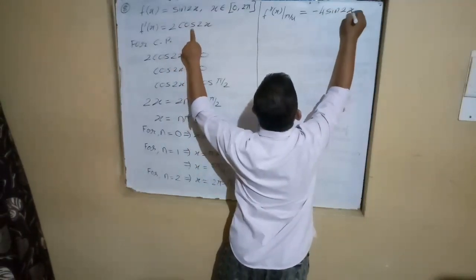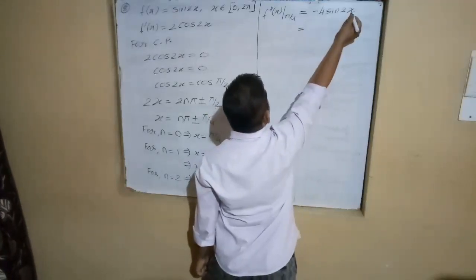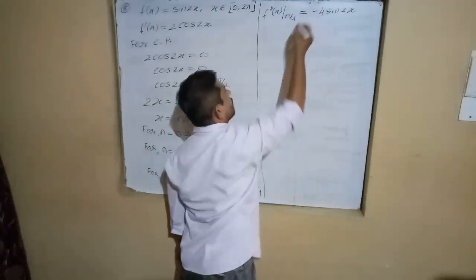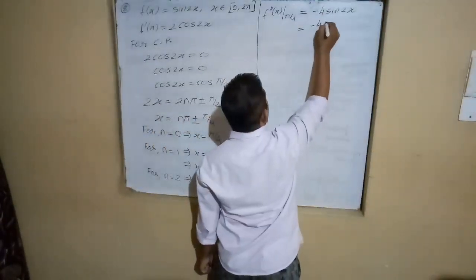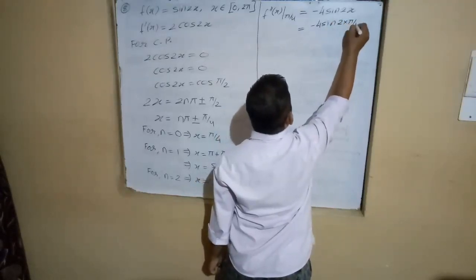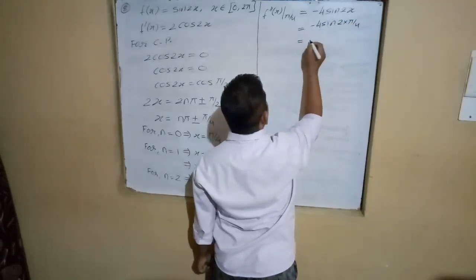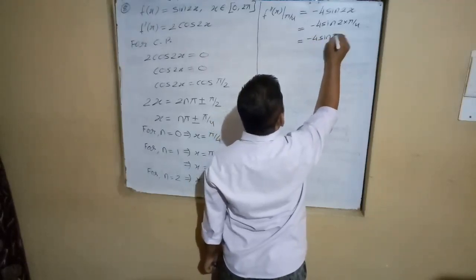And when we put the value here, minus 4 sin 2 into pi by 4, which means minus 4 sin pi by 2.